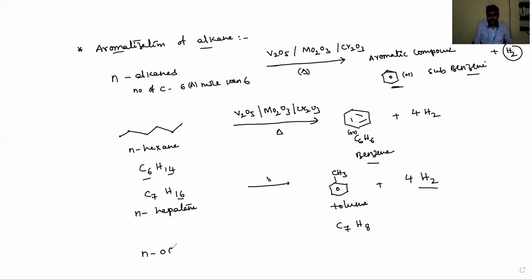If n-octane is used, we will get ethyl benzene or 1,2 dimethyl benzene, that may be ortho, meta, or para products, like a mixture of substituted benzene compounds will form.